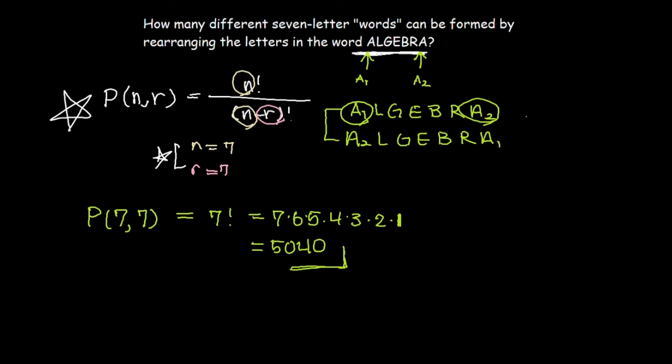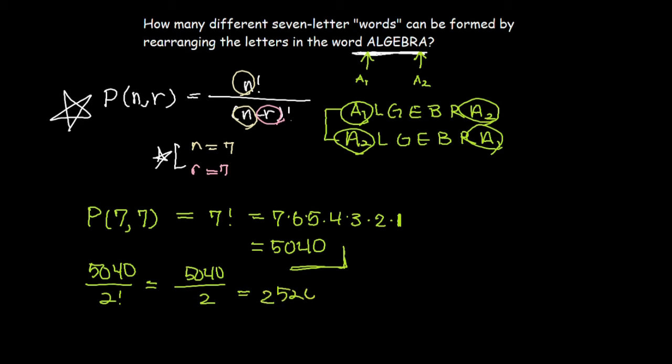So you always have to divide, in this case, by 2 factorial. Why? Because A sub 1 and A sub 2 are technically the same, yet the formula is counting them twice. So in this case, it's going to be 5,040 over 2, which is equal to 2,520.